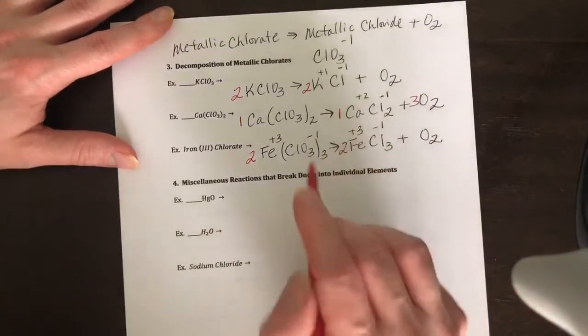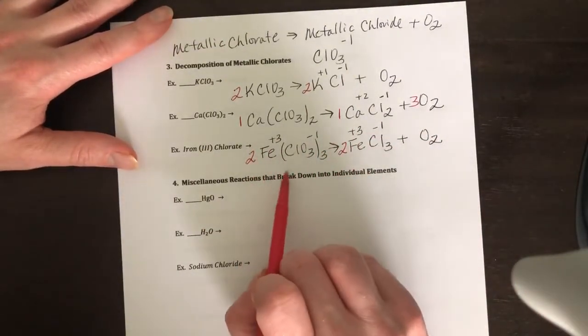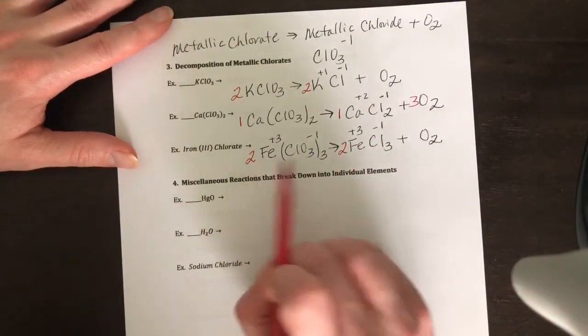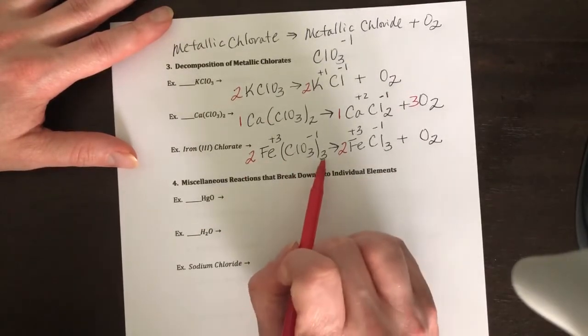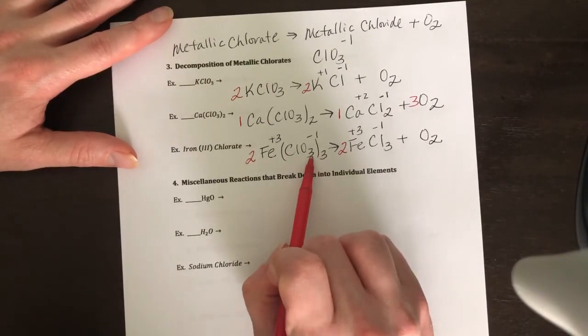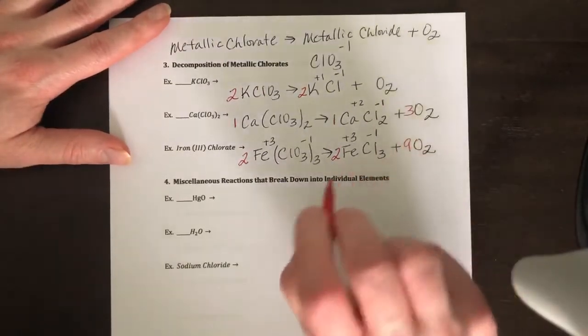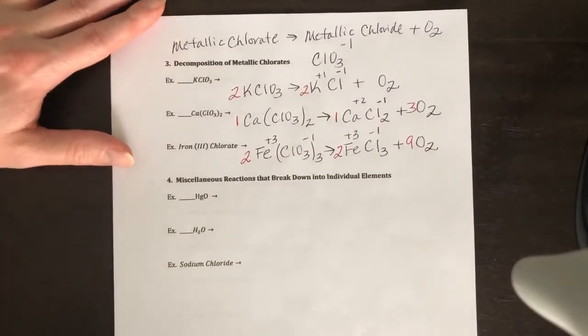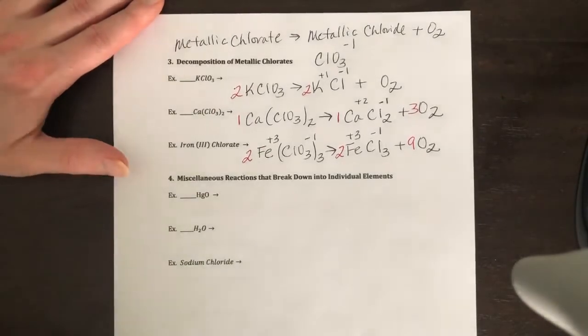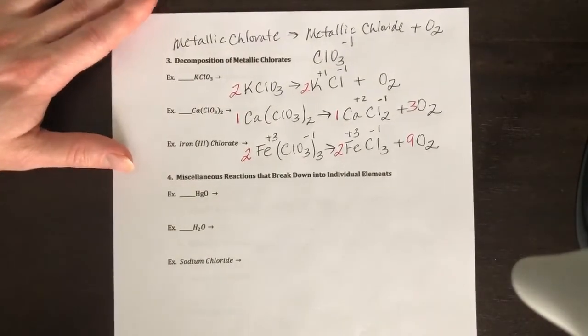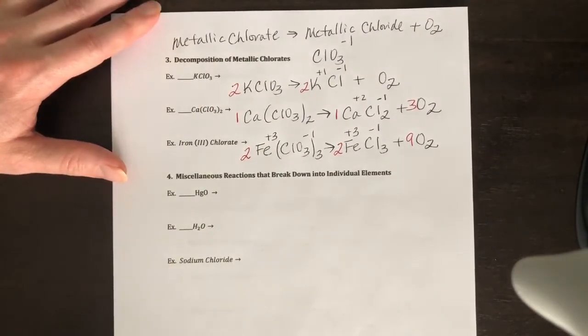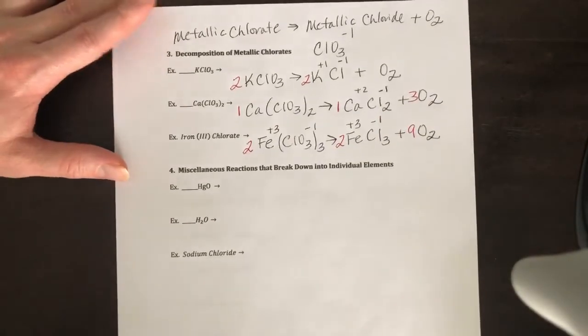That's going to change your chlorines to 6. 2 times 3 gives you the 6. 3 times 3 is 9. 9 times 2 is 18. So I need to get 9 on this side. Okay, that was a little bit trickier one. I just made up some random examples, so they might not balance the easiest the first time.